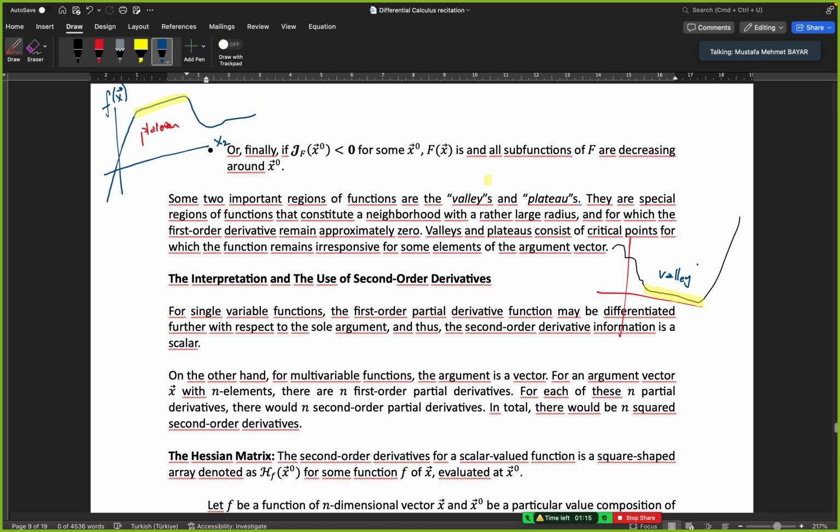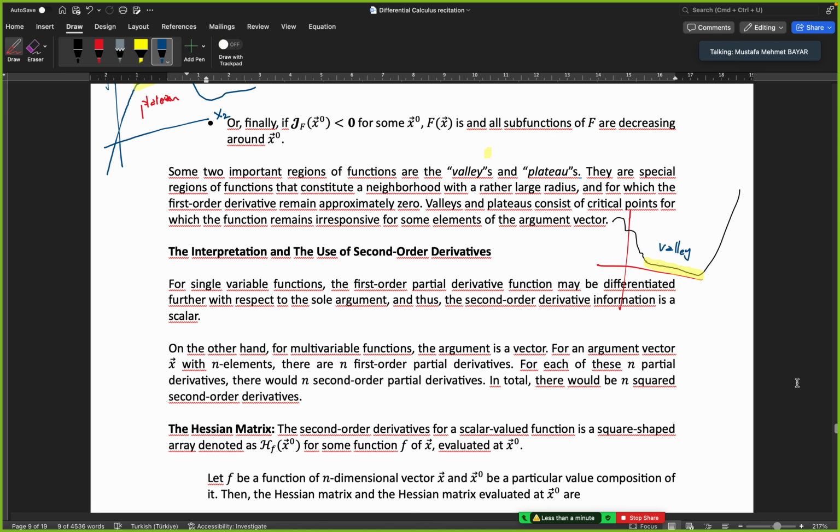The regions that behave linearly with zero slopes in multivariable functions are problematic regions for local search algorithms. That's why they're important. You are not responsible for the region, but you can just say it. Since the slope is zero, there is vanishing gradient around these points within these regions.